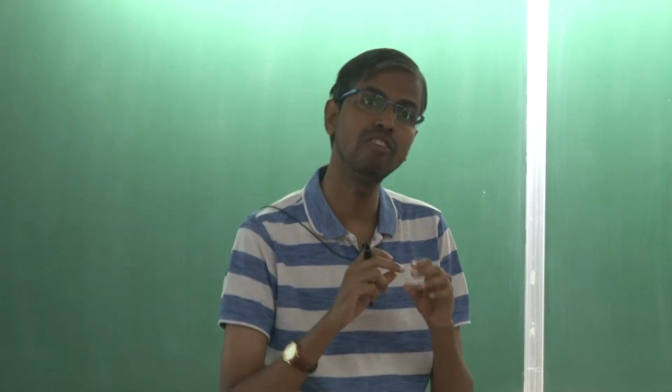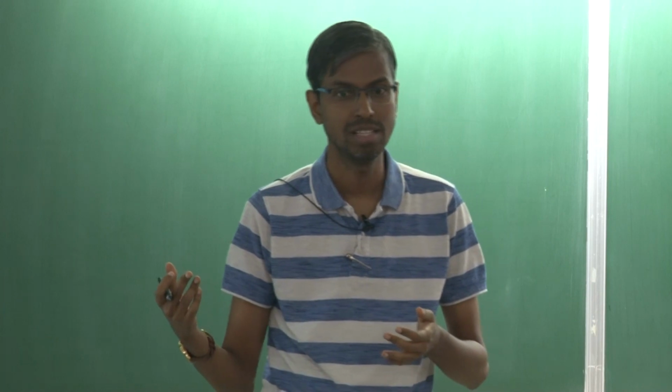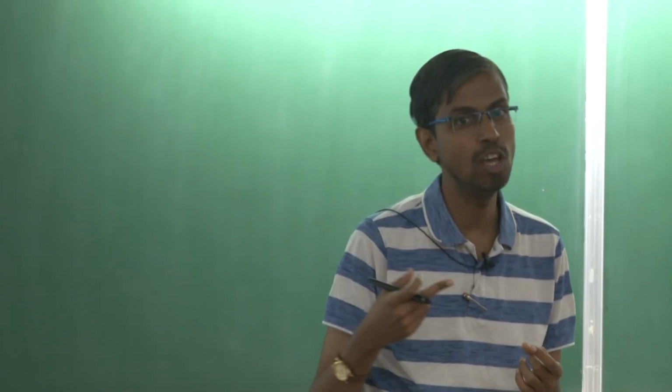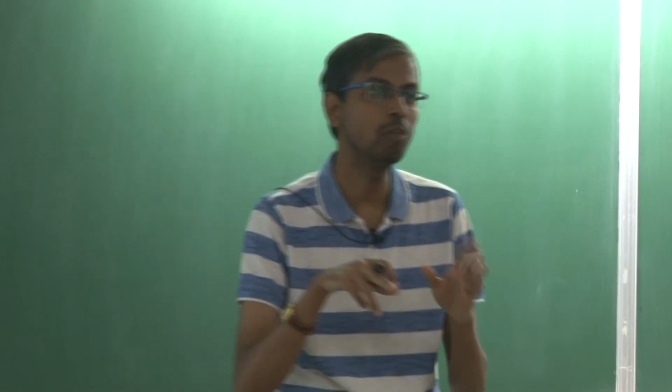But then if I know f of pi, what else do I fix simultaneously? Do I know the value of f of pi by 2? So all the rational multiples of pi I have fixed. But not just that, because of additivity, I have also fixed the value of f of 1 plus pi.